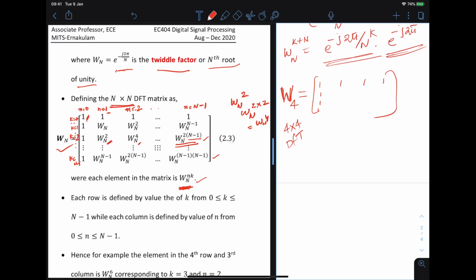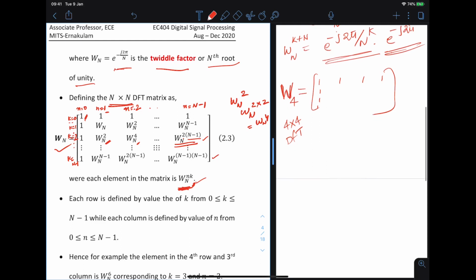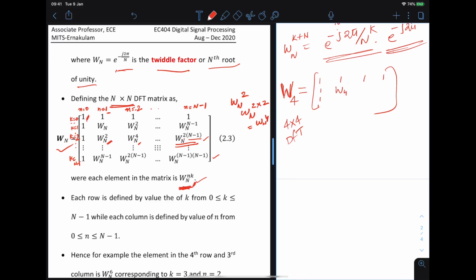So here it will be W4 raised to 1, W4 square, W4 cube, again W4 square, W4 raised to 4, W4 raised to 6, W4 raised to 3, W4 raised to 6, and W4 raised to 9. So that will be your DFT matrix.